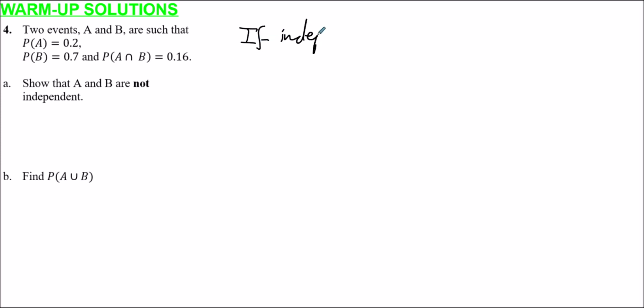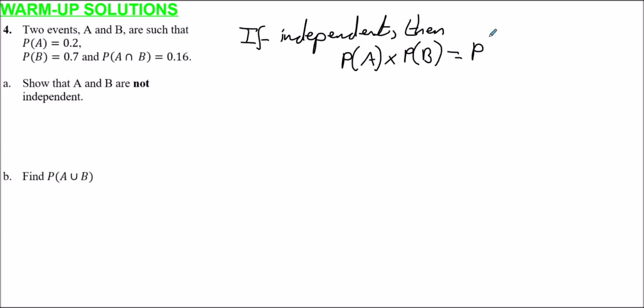So if 2 events are independent, then we'll always have the probability of A multiplied by the probability of B equals the probability of A and B happening together at the same time.